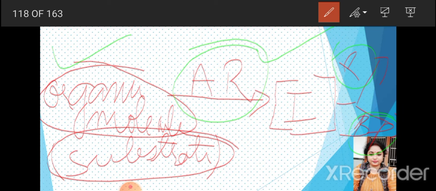Substrate is that organic species which supplies carbon for the formation of the new bond, and the other reactant is called the reagent. If both the reactants supply carbon, suppose your attacking reagent is also providing carbon and the organic compound is also providing carbon, then the choice is arbitrary.